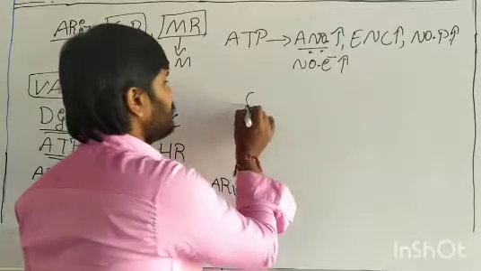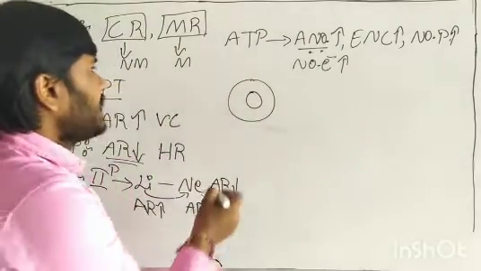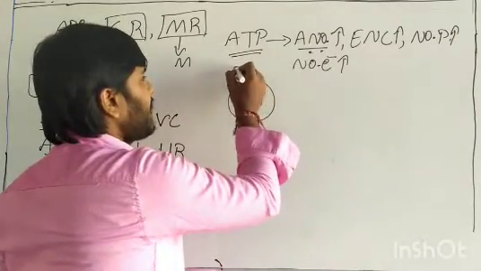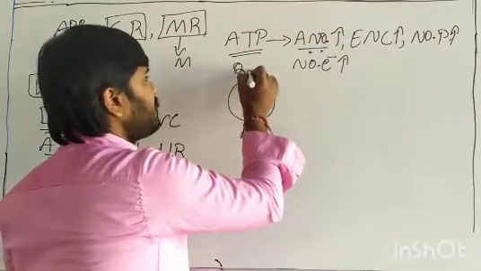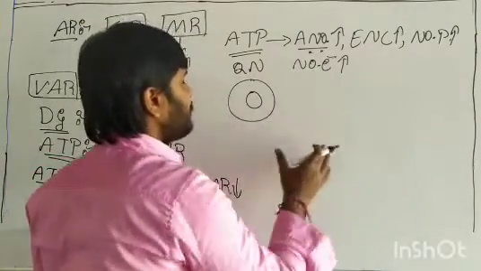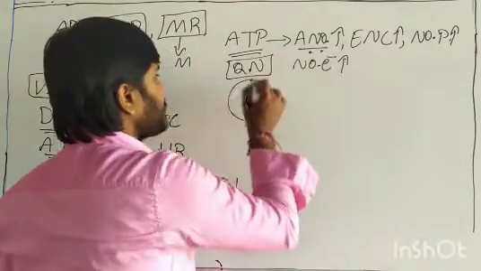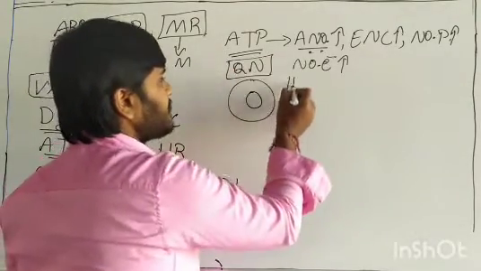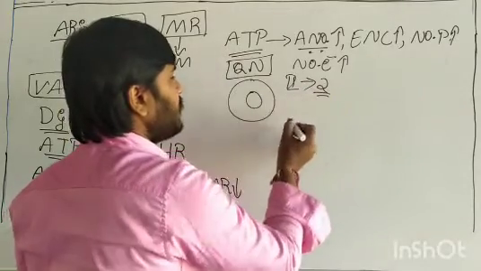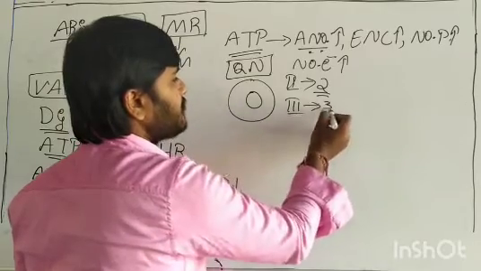Look at me here, this is an atom. In the variations of periods, we will have the same quantum number. In the complete period, we have the same quantum number. If we consider the second period, the principal quantum number is 2. If you consider the third period, the principal quantum number is 3.